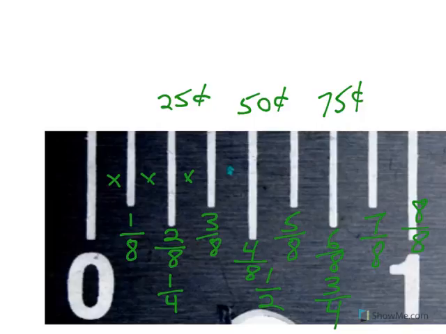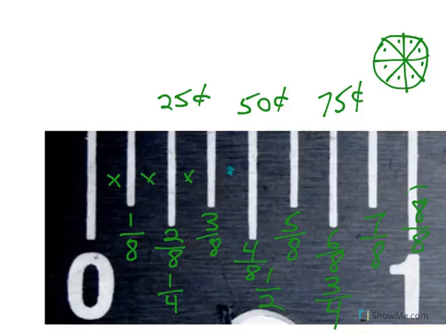So if you have 8/8 of a pie, I'm drawing a pie now and I've divided it into 1, 2, 3, 4, 5, 6, 7, 8. If you had 8/8 of a pie, you'd have a whole pie. Just like here, 8/8 gives you a whole inch. 4/8, of course, gives you a half a pie.